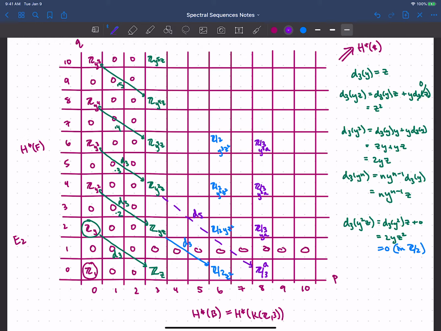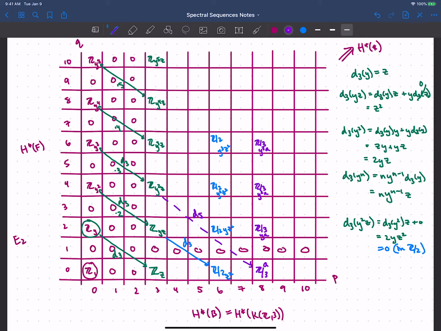Do I want to keep going? Maybe. I'm trying to decide if I want to keep going because I'm running out of space here.